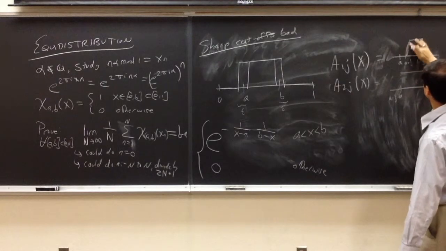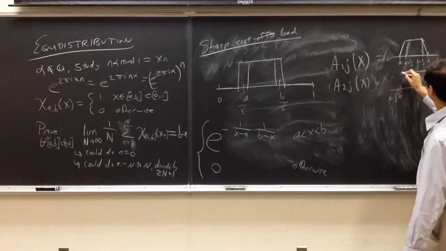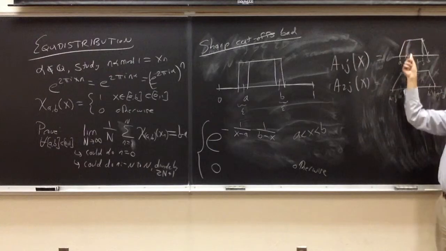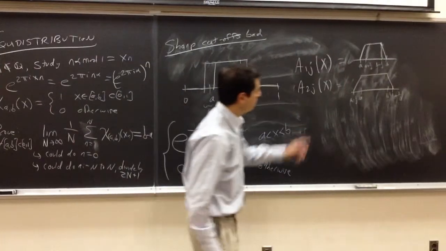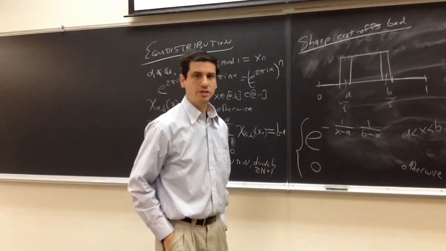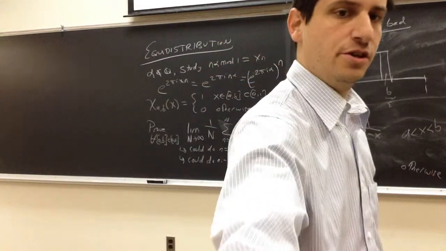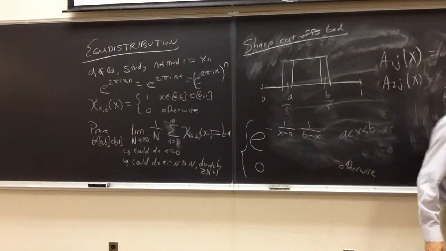And actually, I think the way I want to do this: it'll be 1 from a plus 1 over j all the way up to b minus 1 over j, and then it'll drop off very quickly to a and very quickly to b. All right. So now when we're doing something like this, we have our test functions.